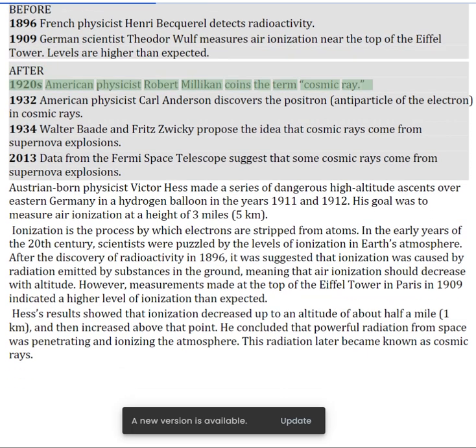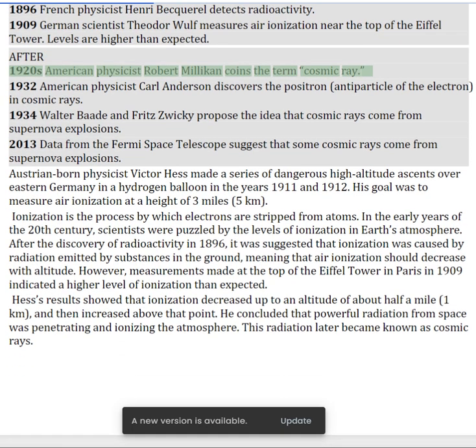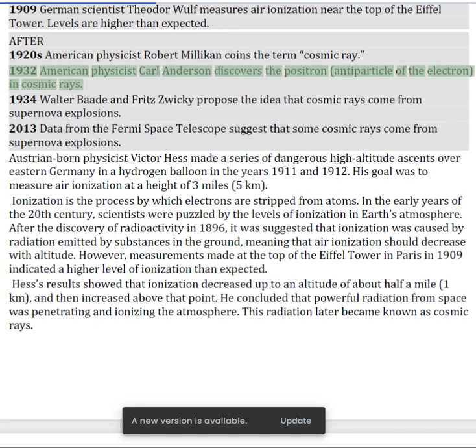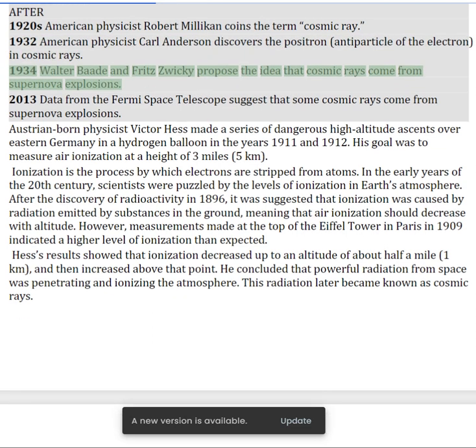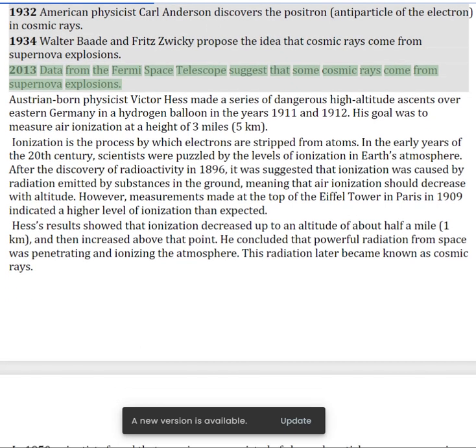After: 1920s American physicist Robert Millikan coins the term cosmic ray. 1932 American physicist Carl Anderson discovers the positron in cosmic rays. 1934 Walter Baade and Fritz Zwicky propose the idea that cosmic rays come from supernova explosions. 2013 data from the Fermi Space Telescope suggest that some cosmic rays come from supernova explosions.